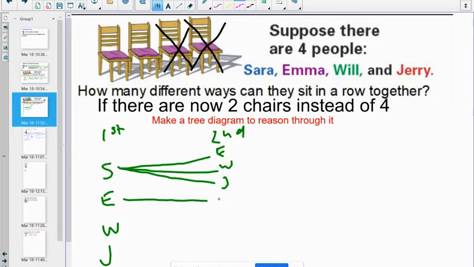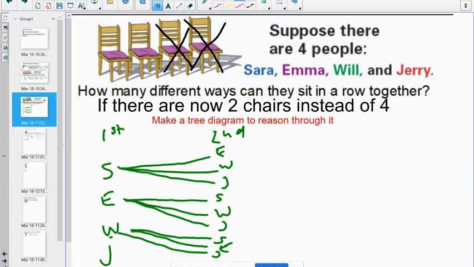We're going to keep doing that same pattern through. Sarah, Emma. We're not going to pick Will because Will was already sitting right here. We have Jerry. And last we have Emma, Sarah, I forgot Sarah, and Will.